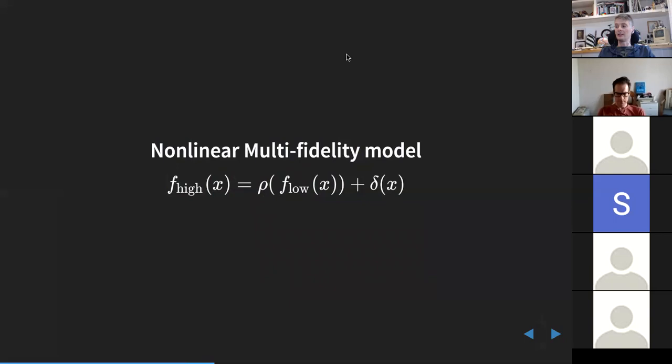The challenge with this is that if the low fidelity is a Gaussian process and this is a nonlinearity rho, then this is no longer a Gaussian process. So unfortunately, we lose the analytic tractability. But despite that, you have an example where you're going to do it in the worksheet.